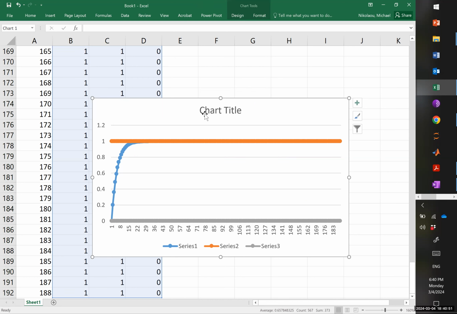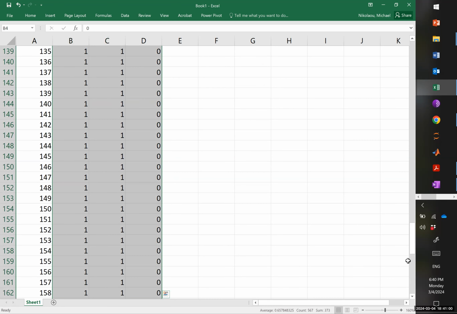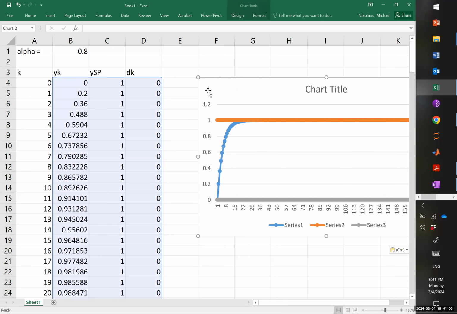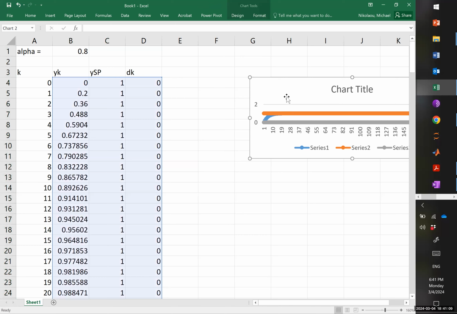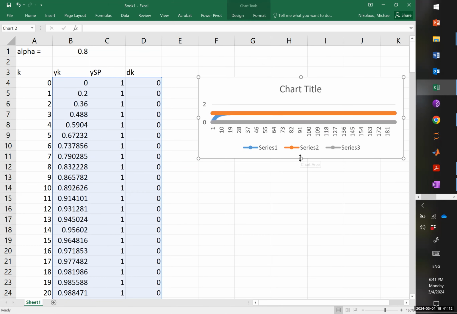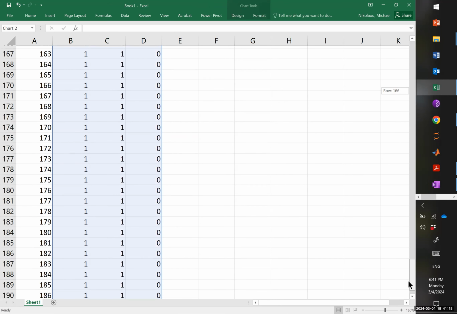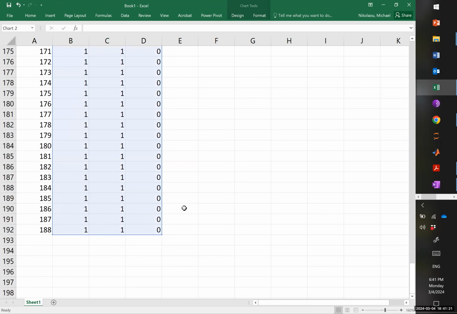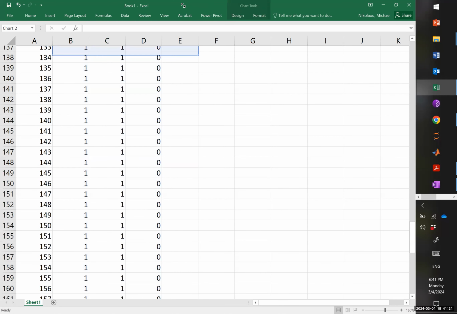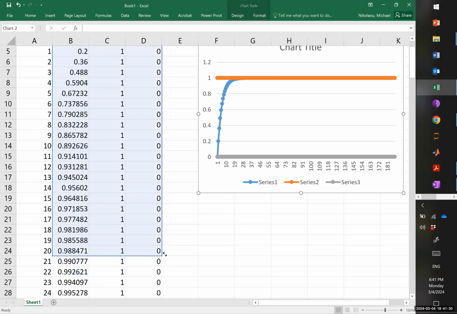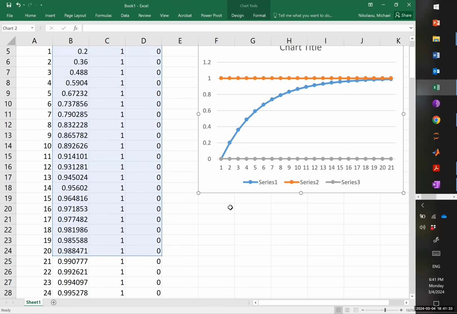I don't even need all that, the first 50 values are good enough. Like I said, I don't need all that. Let me just use 20, that's good enough.